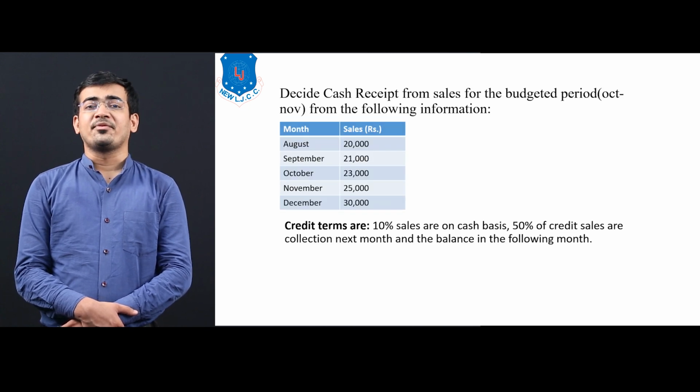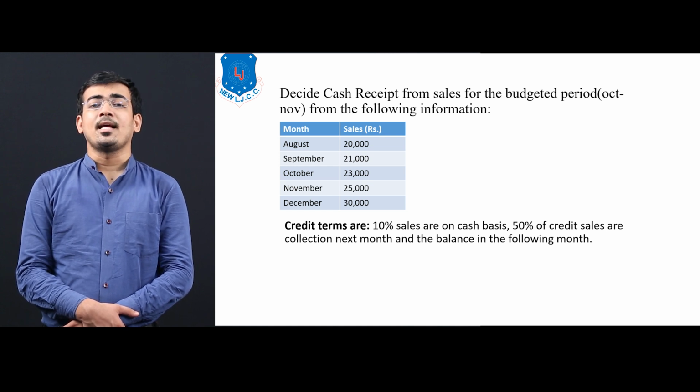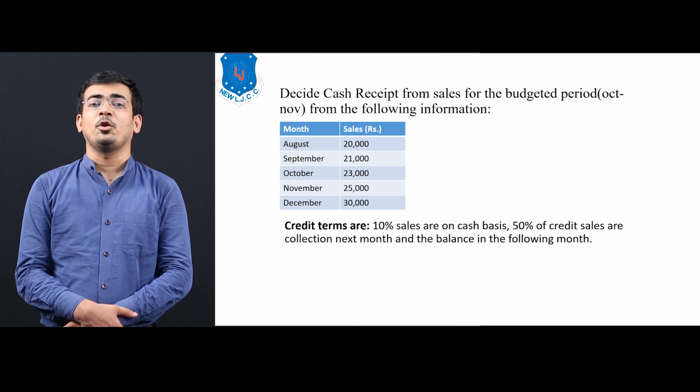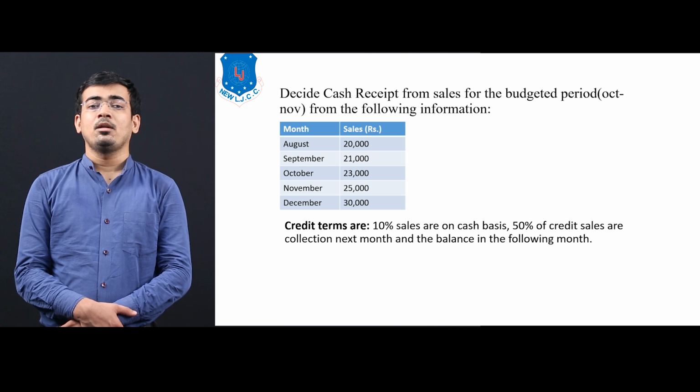We are looking at one example: determine the cash receipts from sales for the budgeted period, that is October and November, from the following information. For the months August, September, October, November and December, total sales are given: 20,000, 21,000, 23,000, 25,000, 30,000.